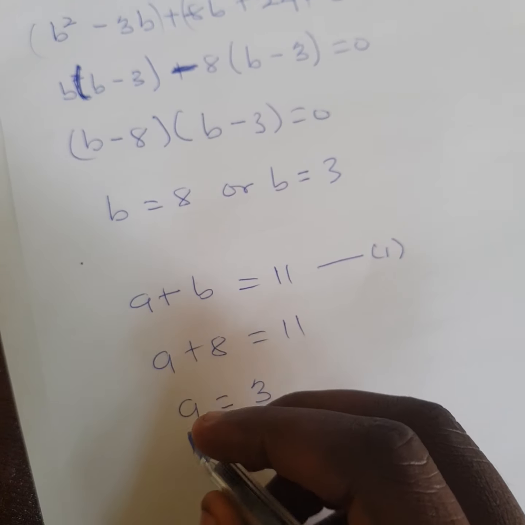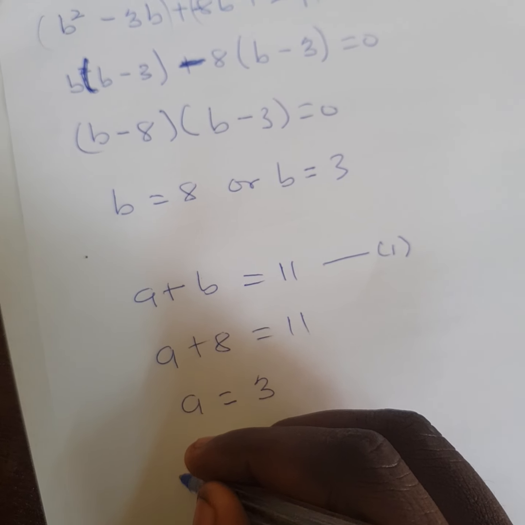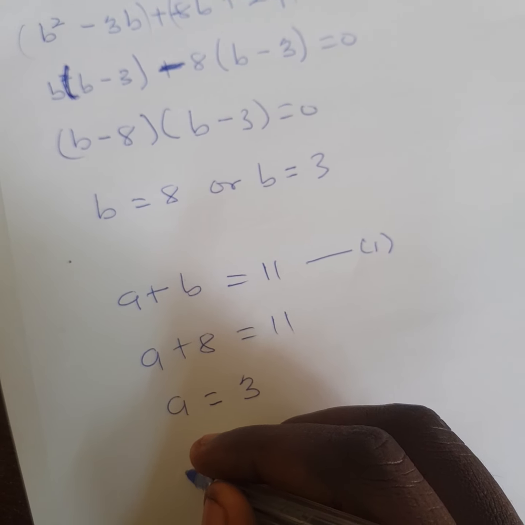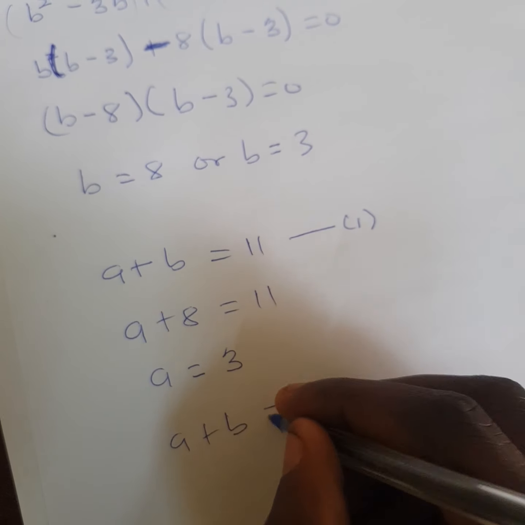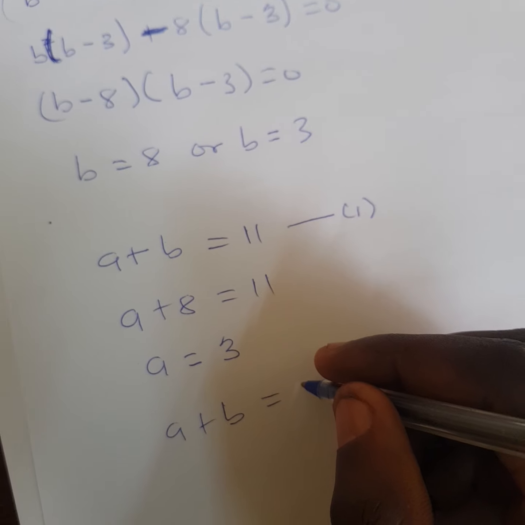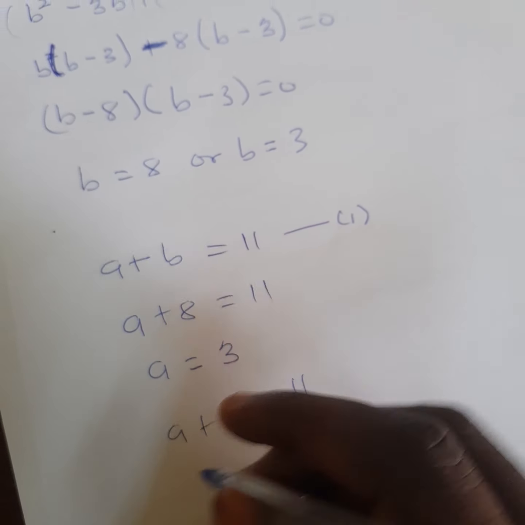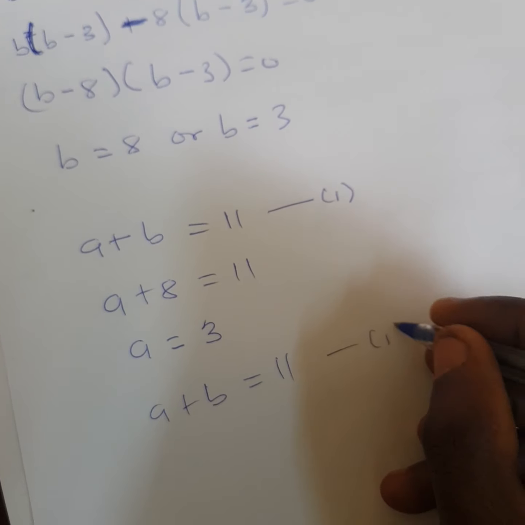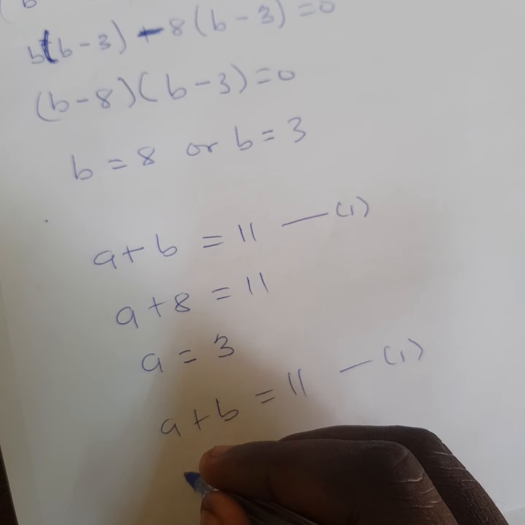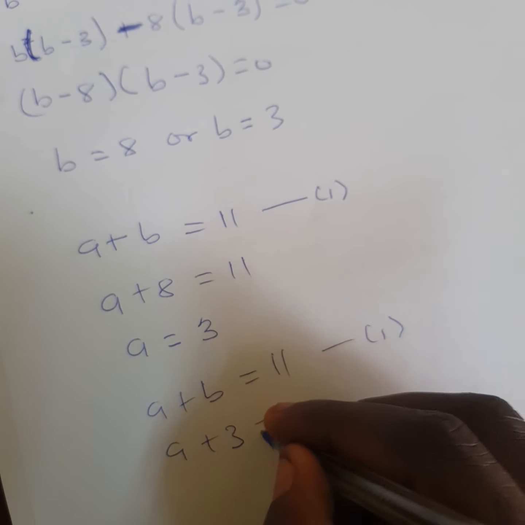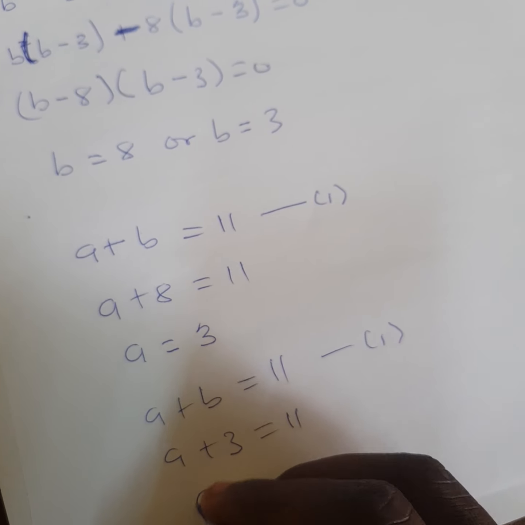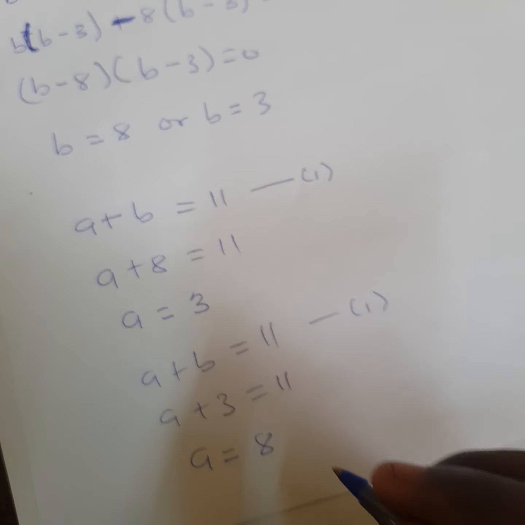Then you pick the second one, which B is 3. A plus B is equal to 11, so A plus 3 is equal to 11. A is equal to 8.